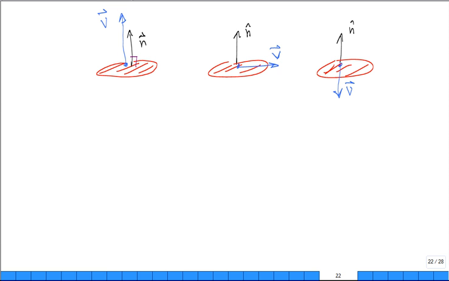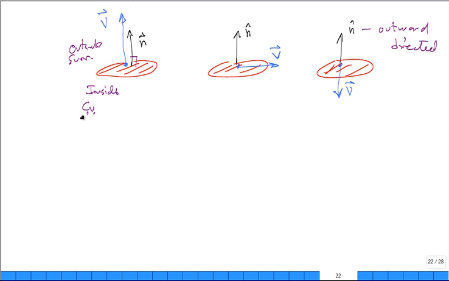Now, by convention, this n is always outward directed. What do you mean outward directed? Meaning it's pointing in the direction of the surroundings. The opposite direction, the one it's not pointing, is the interior of my control volume. So it tells me the inside versus the outside. The outside is surroundings. Inside, control volume. The focus of the study is inside.